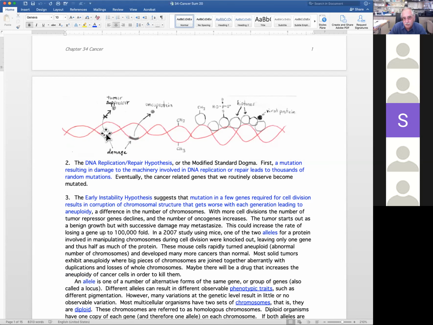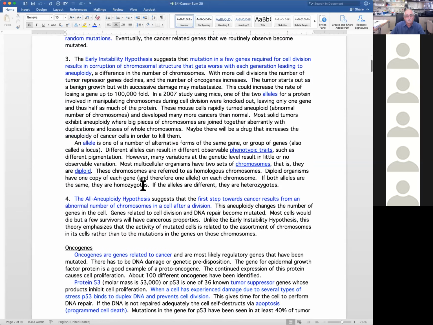So another modification of that is that a mutation results in damage to the machinery involved in DNA replication. And then repair leads to thousands of random mutations. Okay. So eventually the cancer genes we observe become mutated. So you're attacking the genes that are involved in DNA replication, messing up that system.